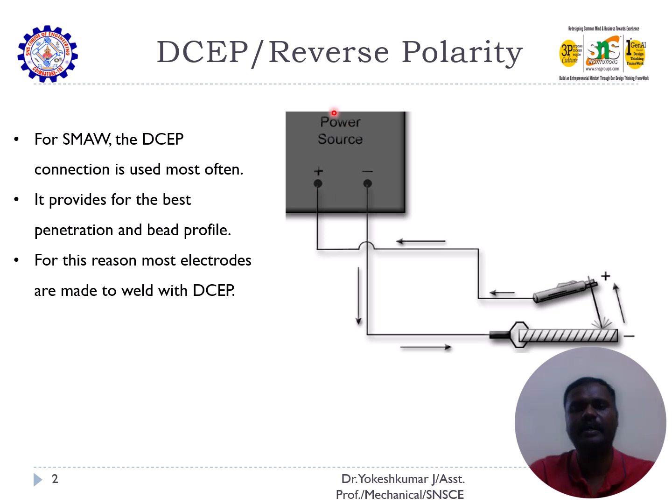In electrode positive, the positive terminal is connected with the electrode holder, which is used to hold the electrode, and positive power is given to the electrode. On the other hand, we have a workpiece, and it is connected with the negative power source. This is most commonly used in the welding process.